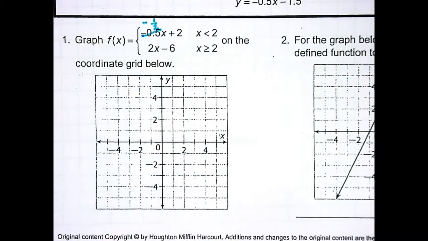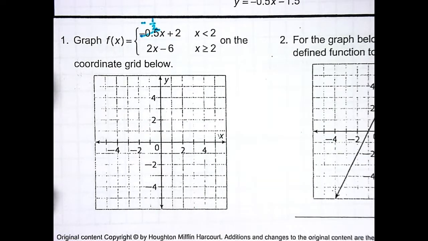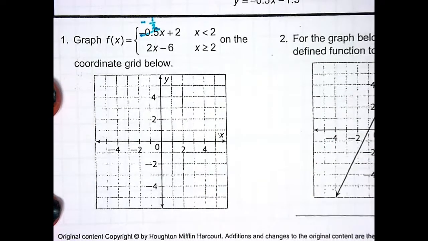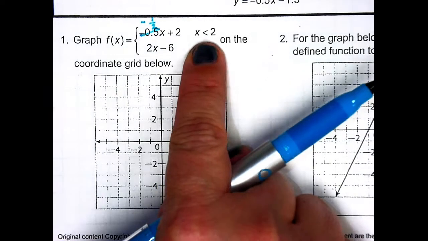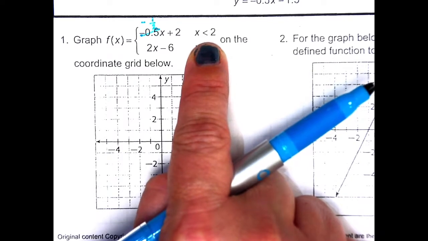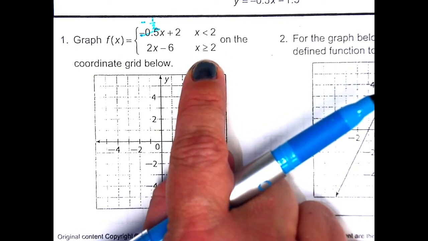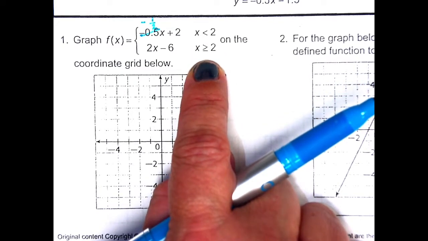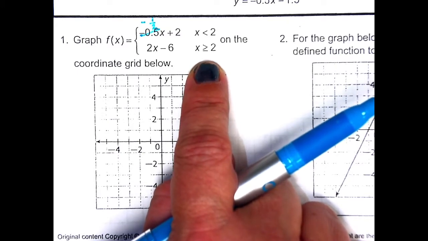The first thing we need to do is find the endpoints. If you'll remember, when we graph things, if it has a less than or a greater than, the circle is open. And when we have less than or equal to or greater than or equal to, the circle is closed.